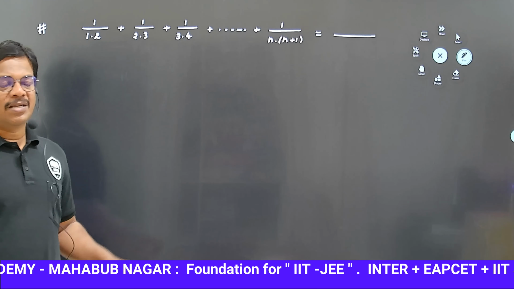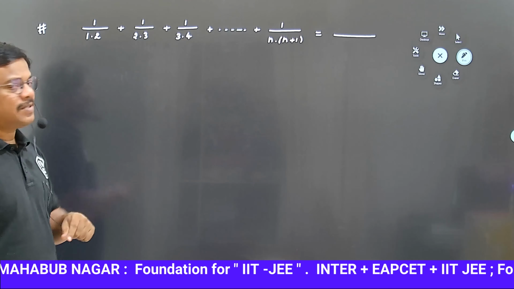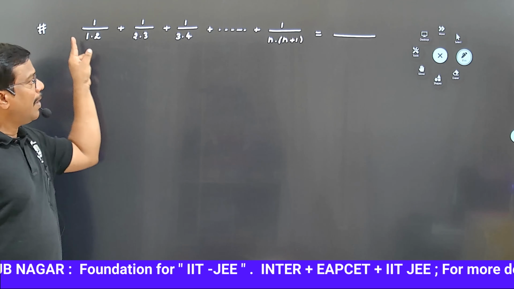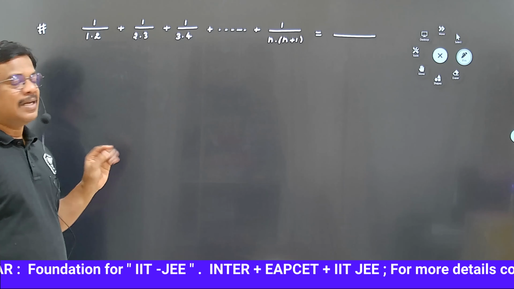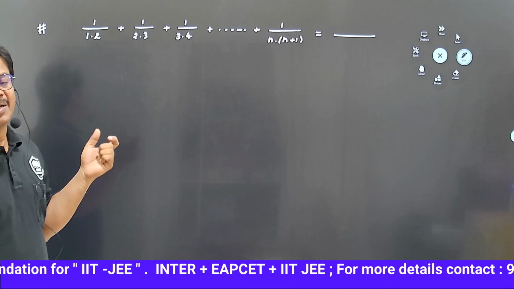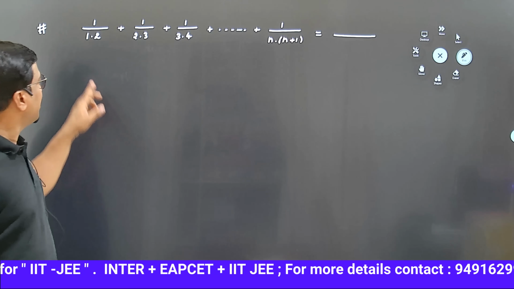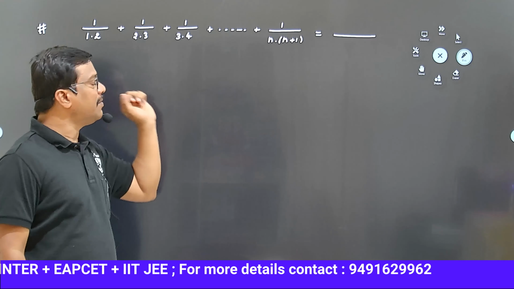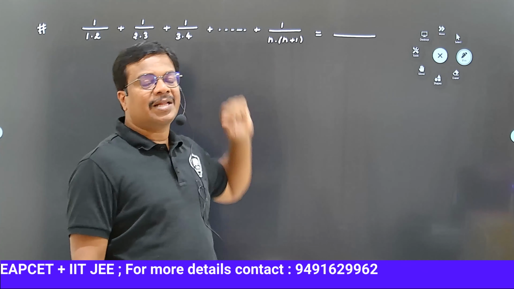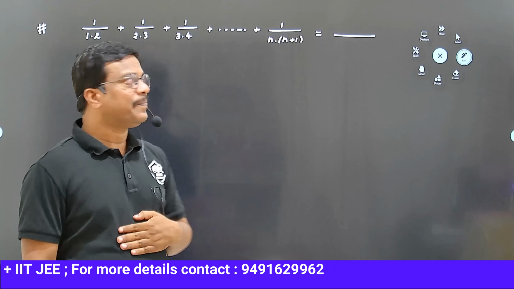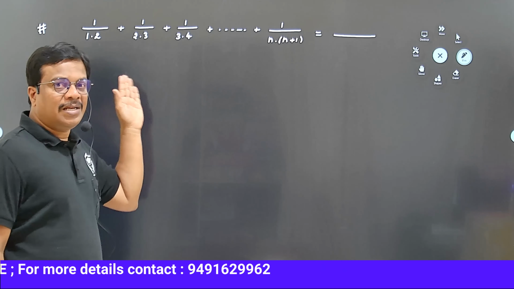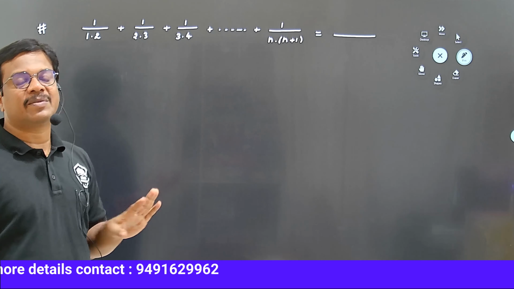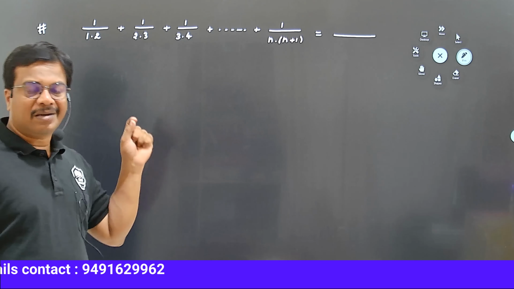See here the sequence of terms: in the numerator you have 1, but in the denominator you have the product of two successive terms: 1 into 2, 2 into 3, 3 into 4, and so on, nth term n into n plus 1. So here the sequence of terms is not in AP or GP, right?